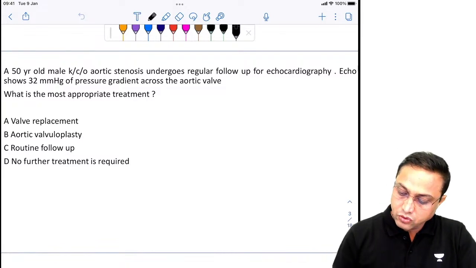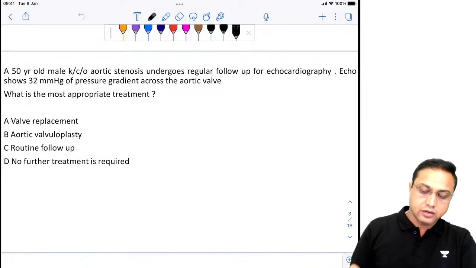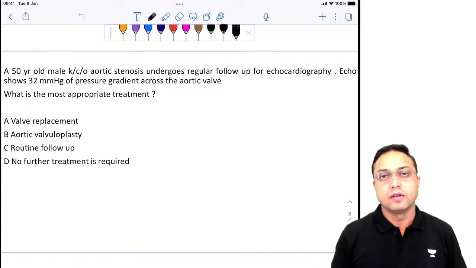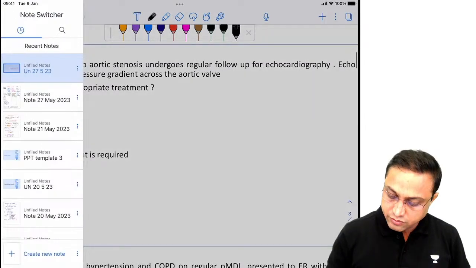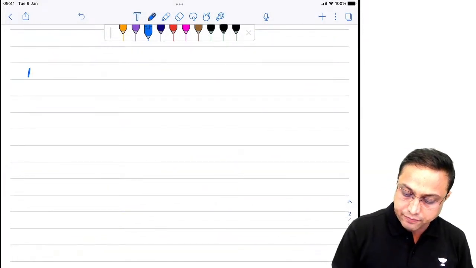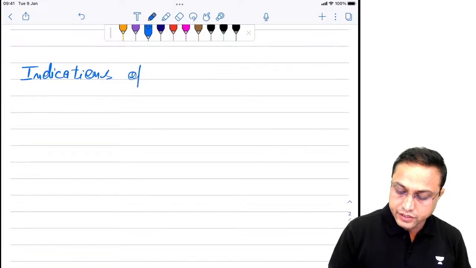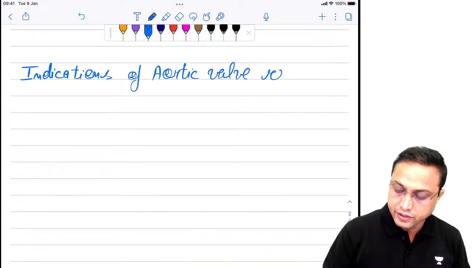See guys, what happens over here is that this patient has aortic stenosis. Now, in the question they are asking about the indications of aortic valve replacement. So let's discuss the indications of aortic valve replacement.